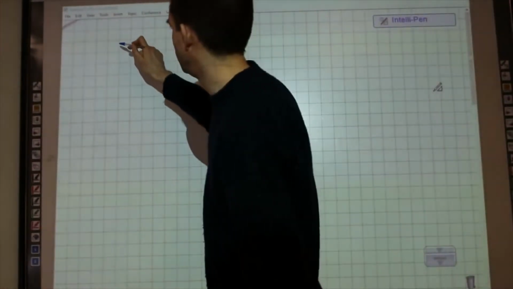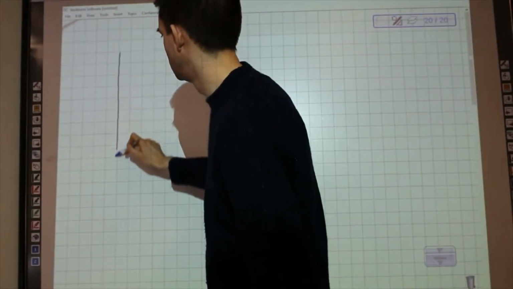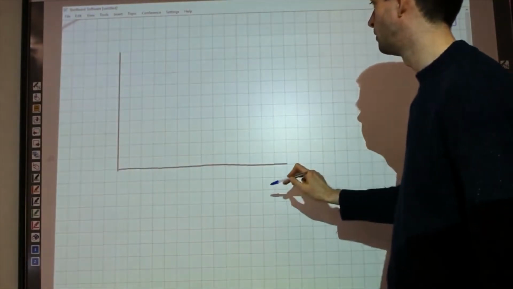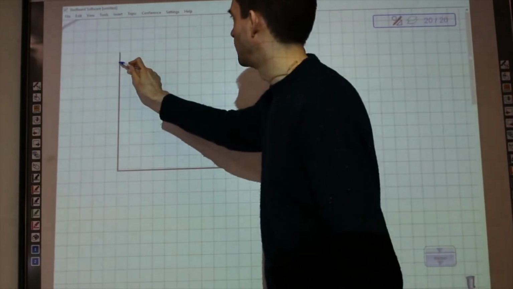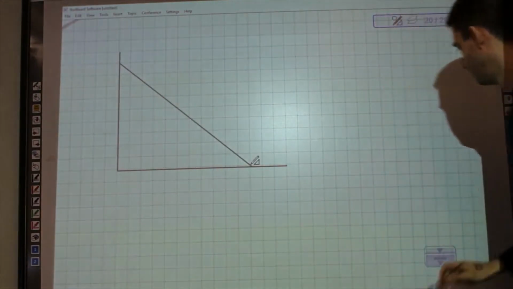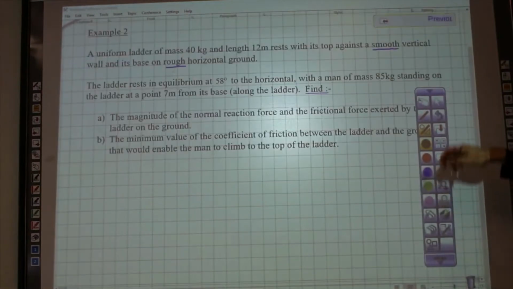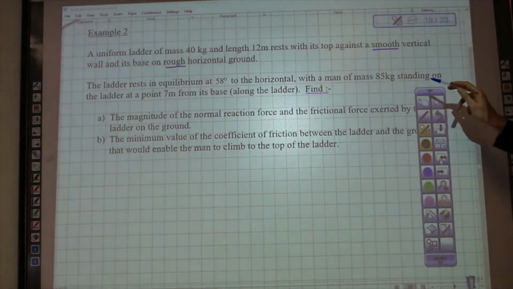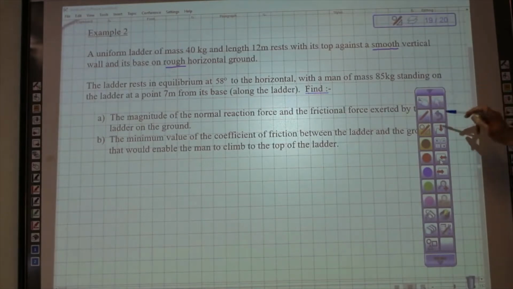Right, so we've got a smooth wall, rough horizontal ground, and we have a ladder like so, with its top against the vertical wall and its base along the rough horizontal ground.